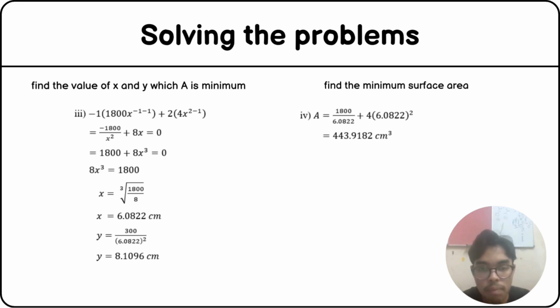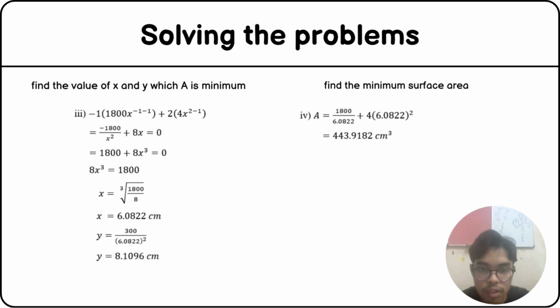For the last question, we need to find the minimum surface area. So we just apply the values of x and y in the given surface area. So we insert the value of x and y and we can get the answer. Let's go to the calculation.